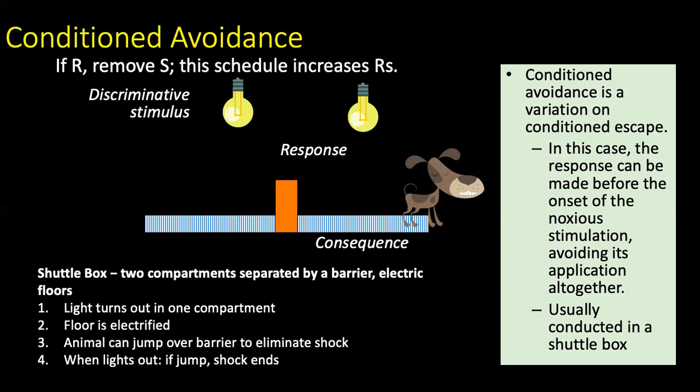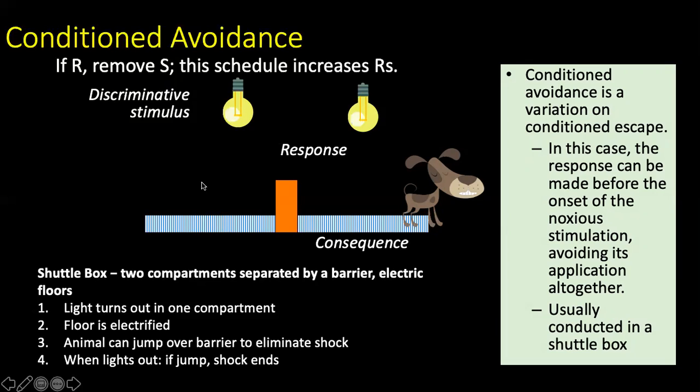What's different in this scenario is that we've added this additional discriminative stimulus that's telling the animal what's going to happen before it happens. And so in this case, what the animals tend to learn is that they can actually jump over the barrier before the shock even comes, because the light turns off first and then the floor is going to electrify.